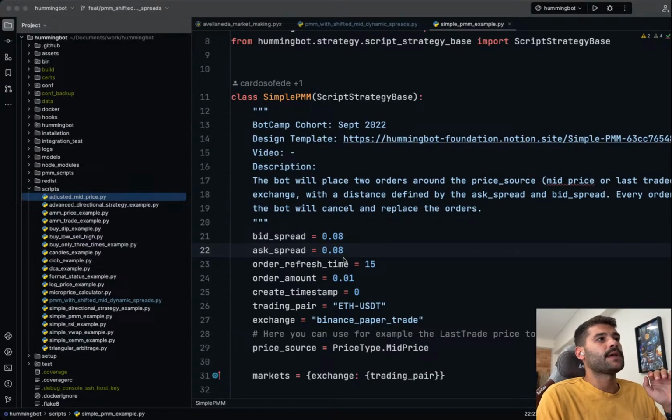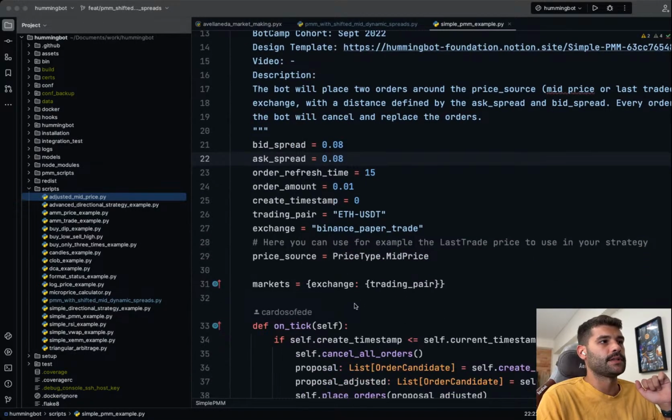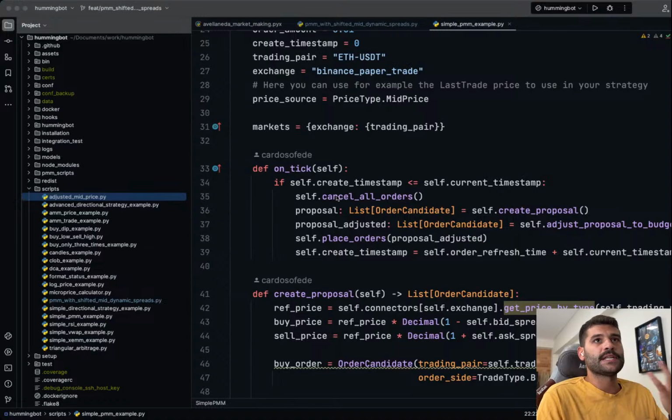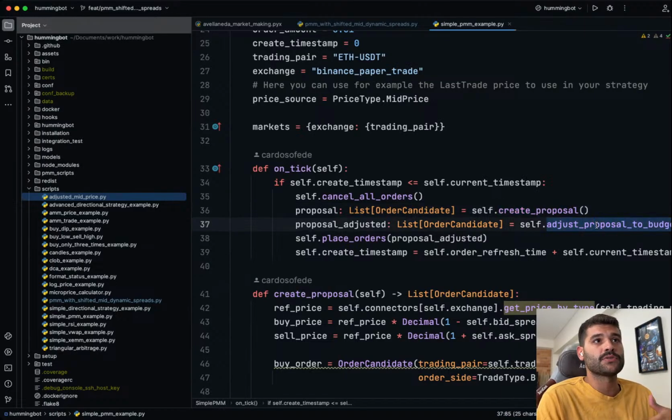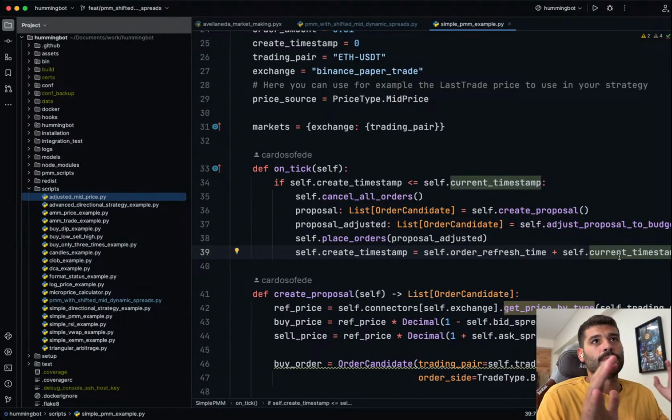So you have the bid spread, the ask spread, the order refresh time, the order amount, the pair that we are going to use, binance paper trade, all this stuff. The thing that is important for us is that we are canceling the orders, then creating the proposal, adjusting the proposal to the budget, placing the orders, and updating the creation timestamp. For all these methods, you will have a quick start guide that will be released next week with all the explanation of this, so you can code along a pure market making strategy with that.